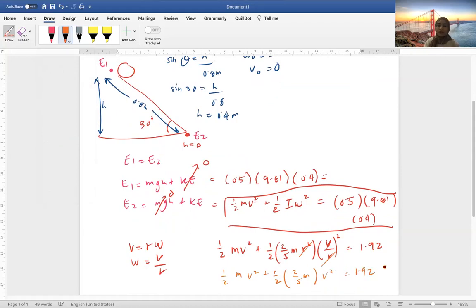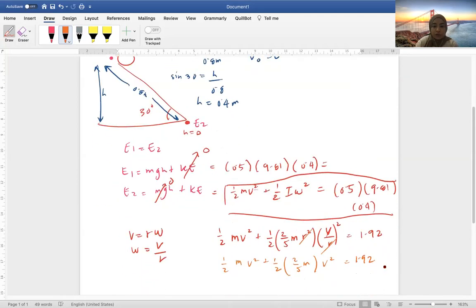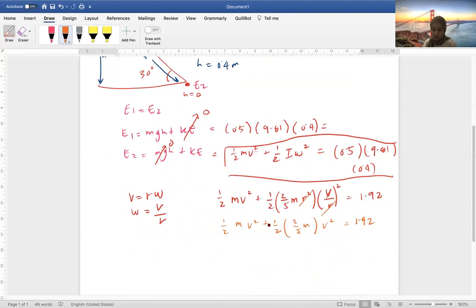So now I can solve for v because I know what my mass is. It is 0.5. So the answer is 2.36. So v is 2.36 meters per second.